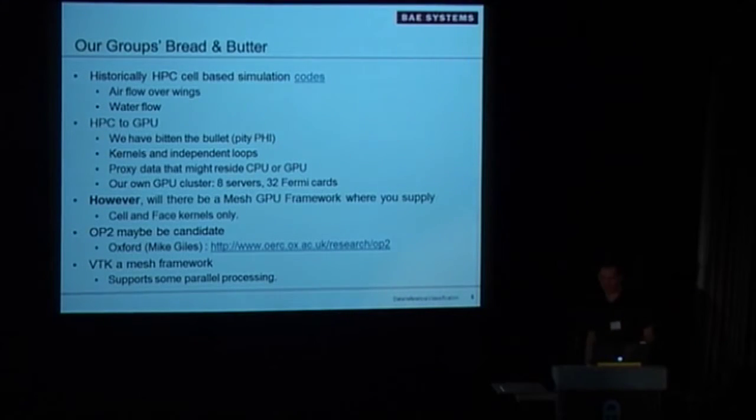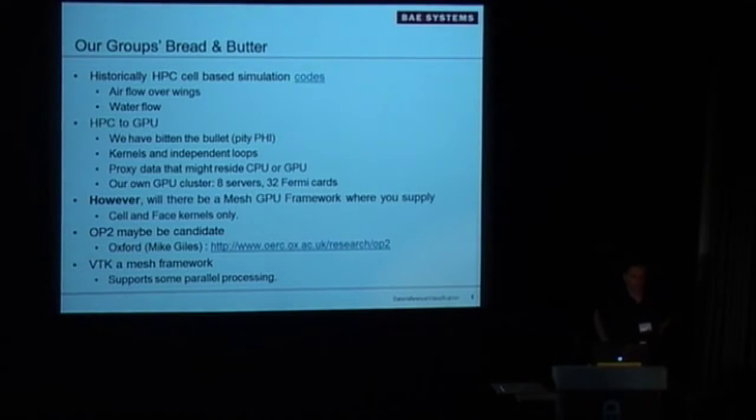So historically, our group at the ATC has supplied bespoke, cheap HPC solutions to the rest of the company. We've also supplied grid generation tools 15, 20 years ago. And so what are they? These are cell-based. Think of the Lattice-Boltzmann talk earlier.